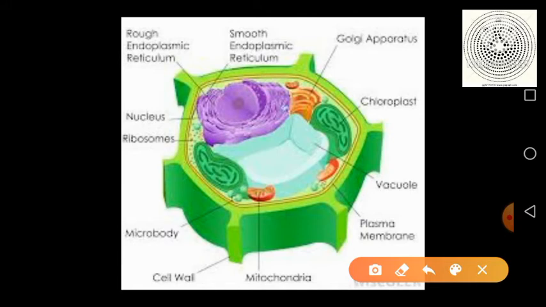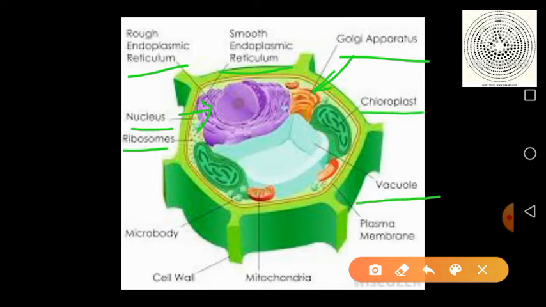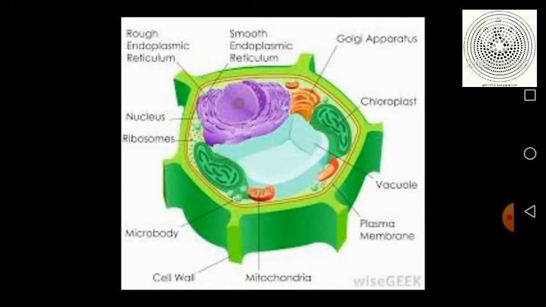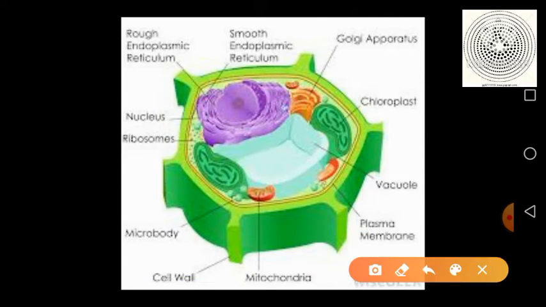As I told you, the eukaryotic cell has different compartments. So the nucleus is there, ribosomes are there, endoplasmic reticulums are there, rough and smooth. This one is the Golgi complex. Chloroplast is there, vacuoles, and this one is the plasma membrane, cell wall and mitochondria. So this is the typical diagram of the plant cell.